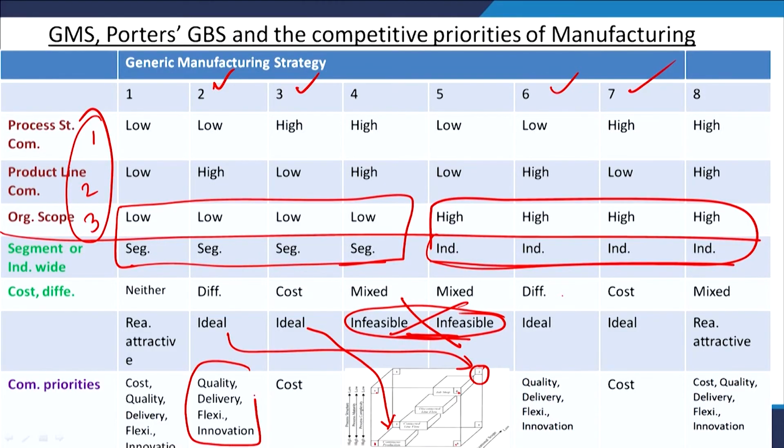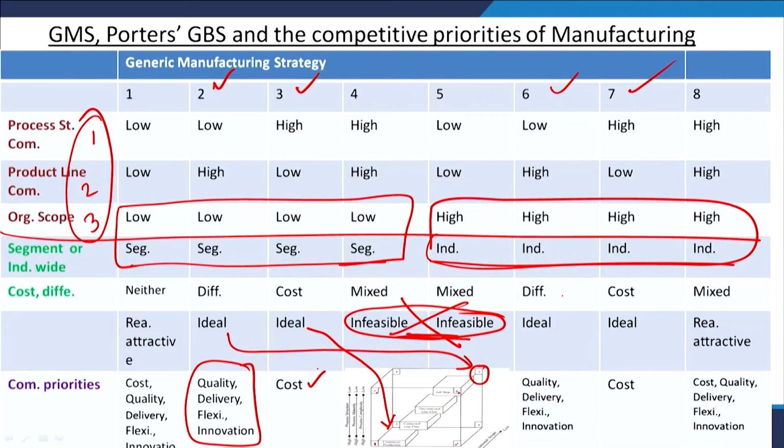Like in this case, second, you are getting the competitive priority of quality, delivery, flexibility and innovation. In case of generic strategy 3, you are getting the cost leadership advantage. Similarly, in case 7 you are getting the cost leadership advantage, and again in case of 6 you are getting the advantage of quality, delivery, flexibility and innovation.